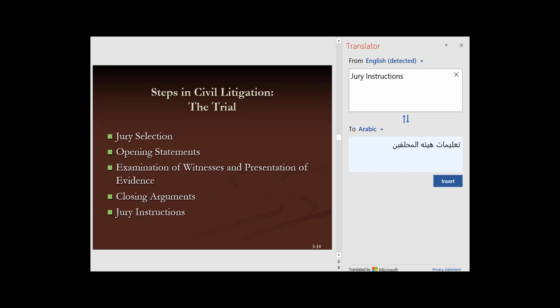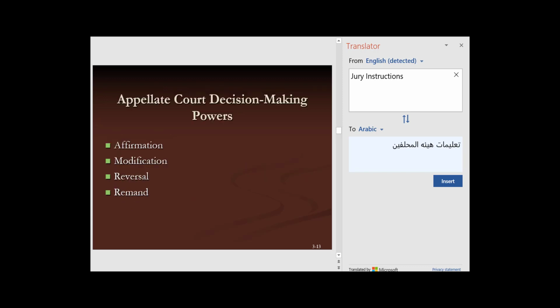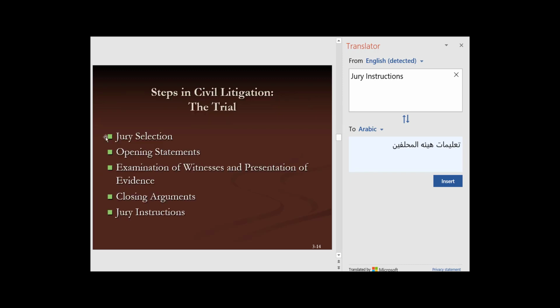When you go to trial, it's important how this works, the steps. This is like a multiple choice question. This is where they're going to give it to you. They're going to mix it up in terms of what goes first.